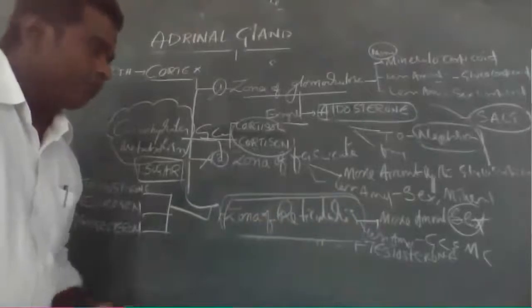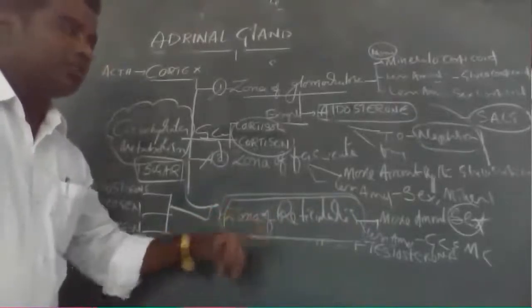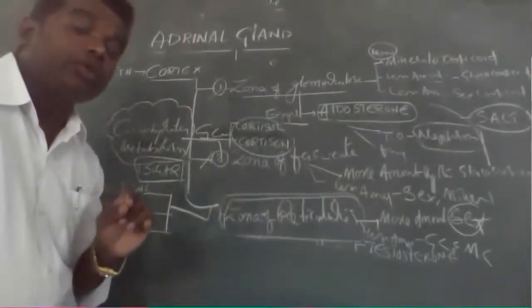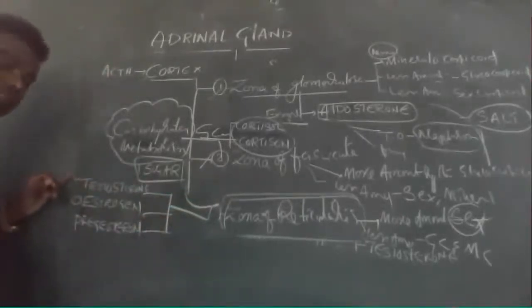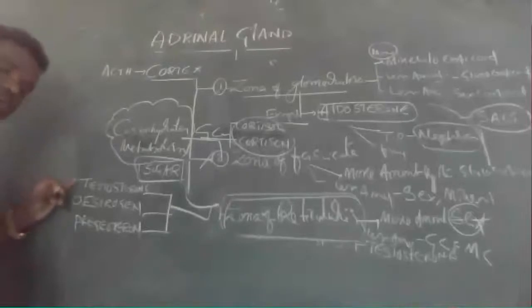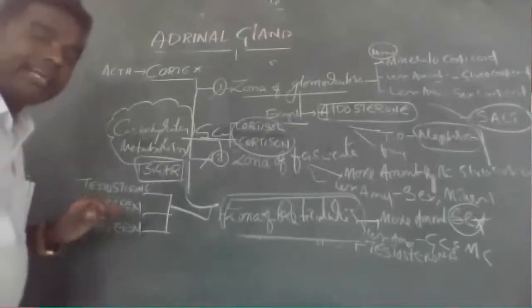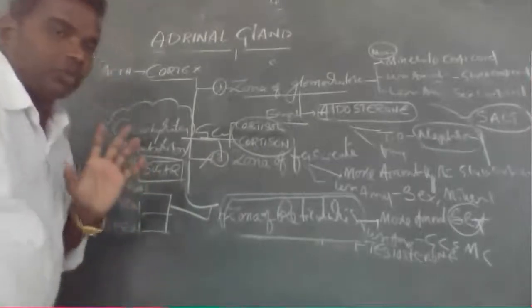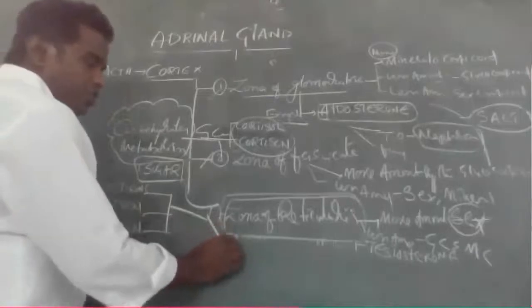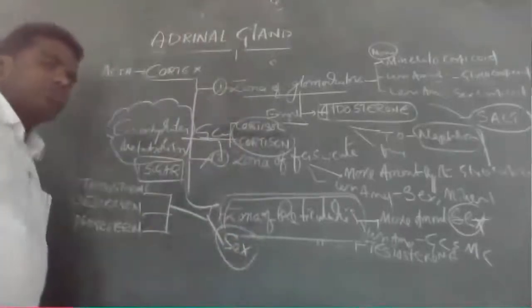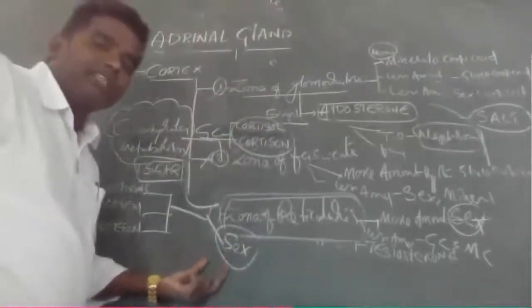Next one, progesterone. Testosterone, estrogen, progesterone. So the zona reticularis secretes more amount of sex corticoids and less amount of glucocorticoids and mineralocorticoids.